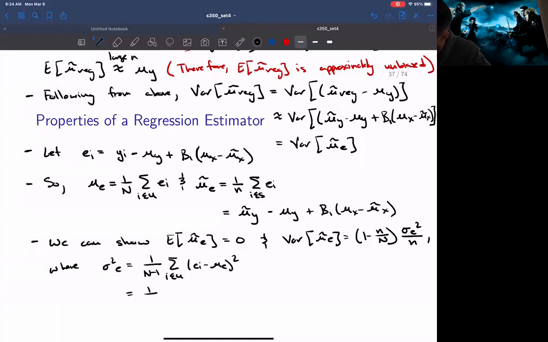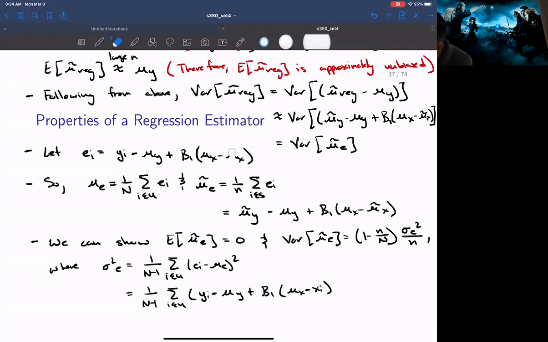This is equivalent to 1 divided by capital N minus 1 times the sum over i in U of y_i minus mu y plus beta 1 times mu x minus x_i, squared. Oh, sorry, I missed this part here.